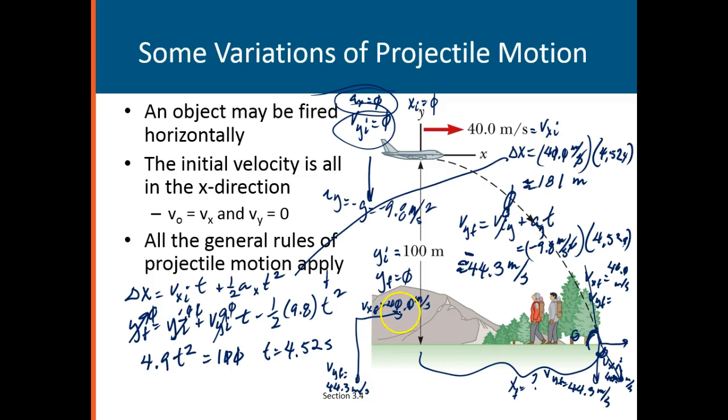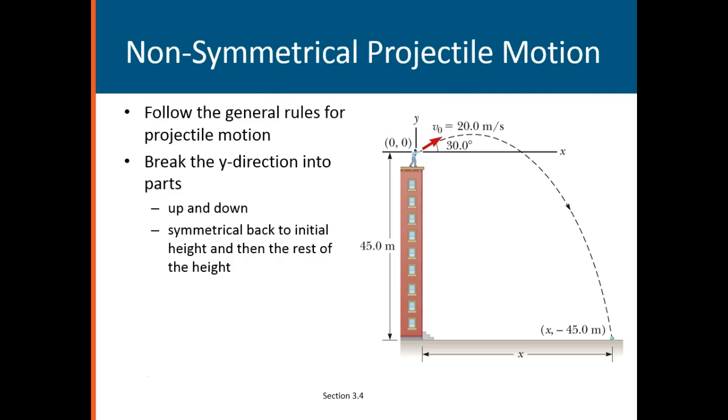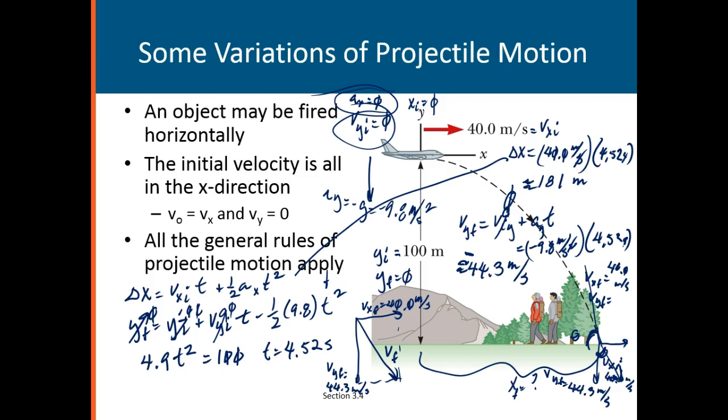That's going to produce a final velocity, which we really don't care about, but it's there. And wouldn't this angle be the same as your impact angle? Well, let's see. Would this angle here be the same as that one?